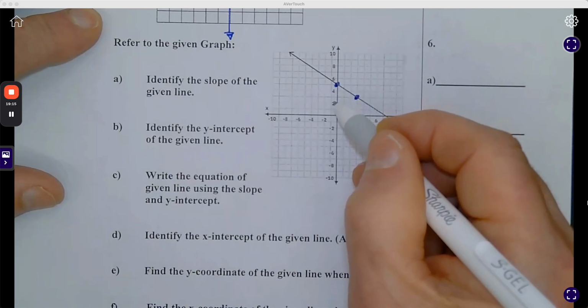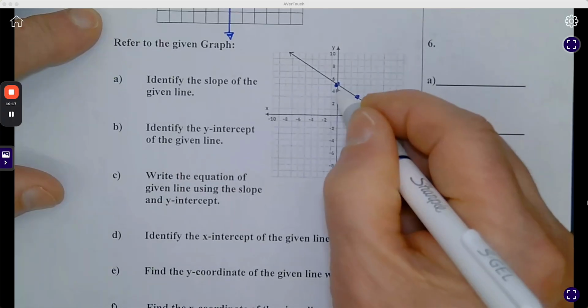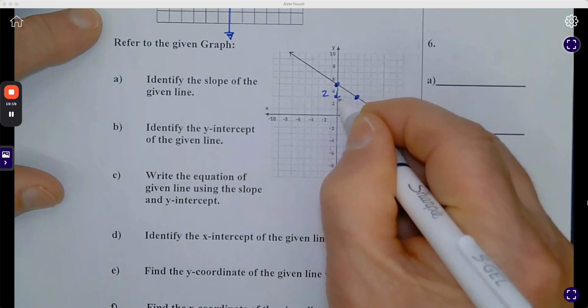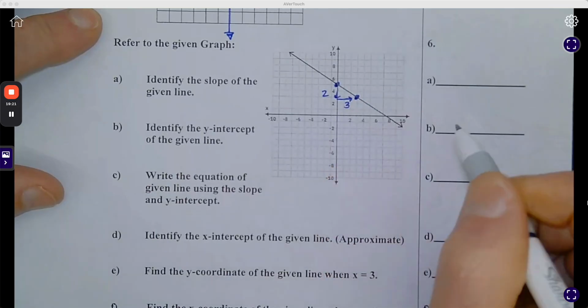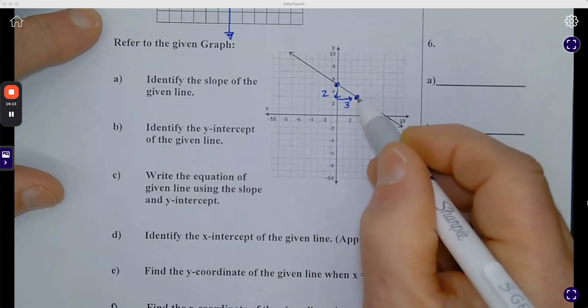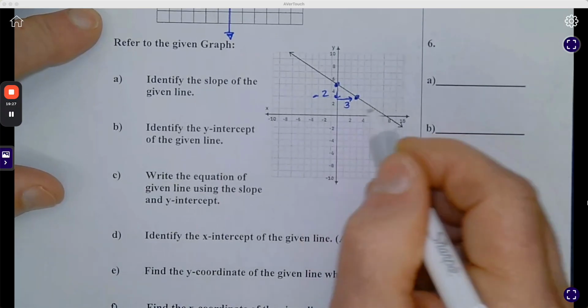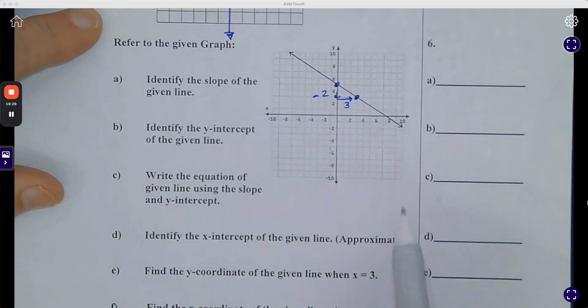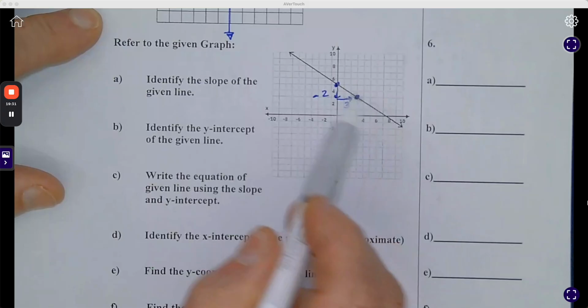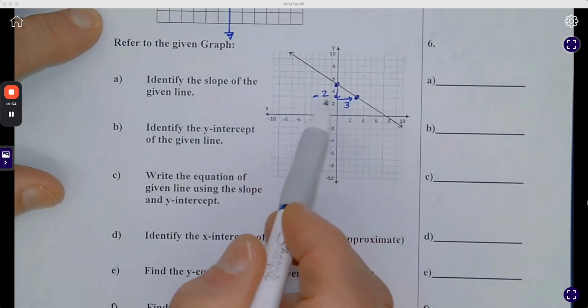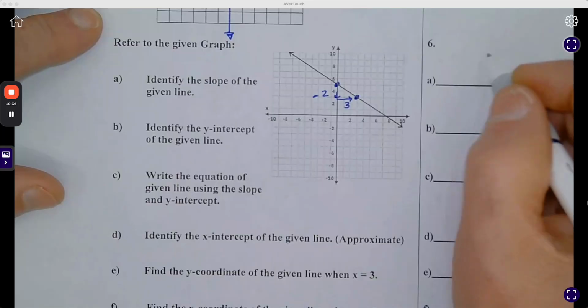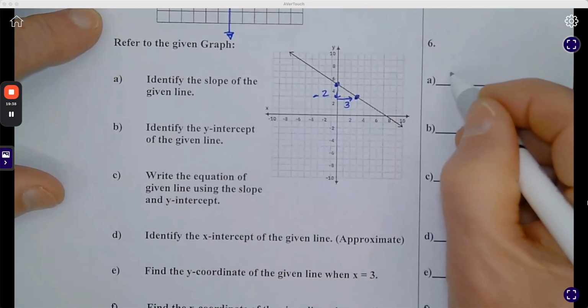So I'm going to say down 2/3. Notice this is negative because it went down, and that's positive because it went to the right. And notice my line is sloping down, so I should have a negative slope. So my slope is down 2/3.